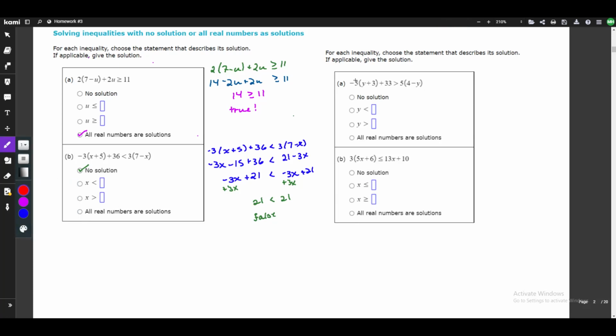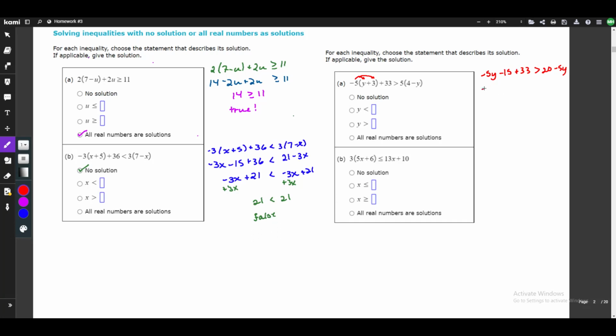So distributing on the left and the right. So I have negative 5y minus 15. I'm just going to distribute plus 33. And that's greater than 20 minus 5y.